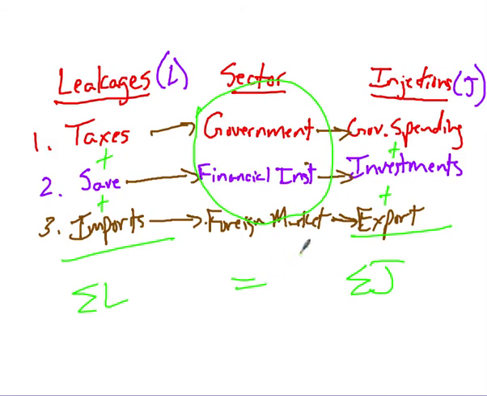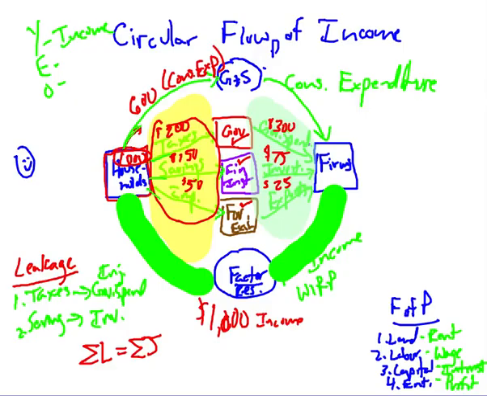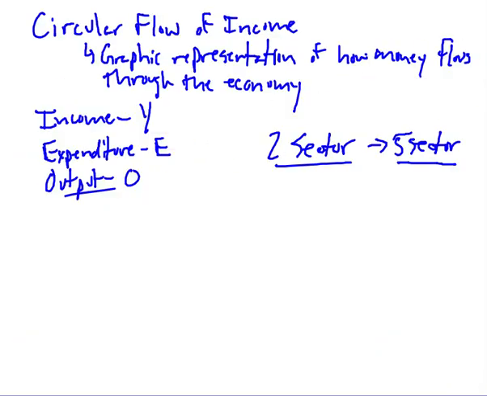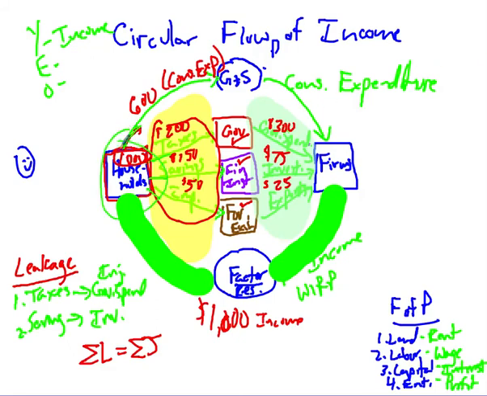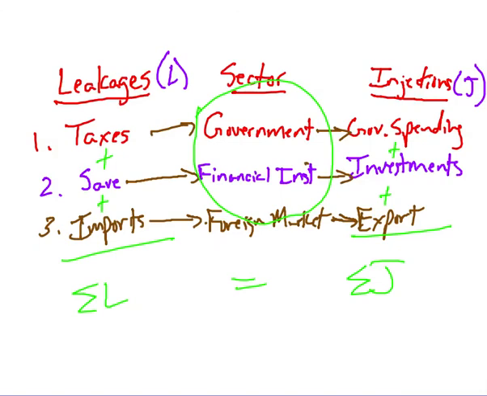We've got the two-sector model, which we did in the very beginning, which was just the households and the firms. And then we had the 3, 4, and 5 sector models. The 3-sector model looks at the government, the 4-sector model adds the financial institutions, and then the 5-sector model brings in the foreign exchange. So that is the circular flow of income, and that'll be it for today. Until next time.